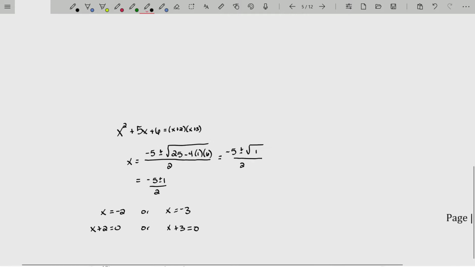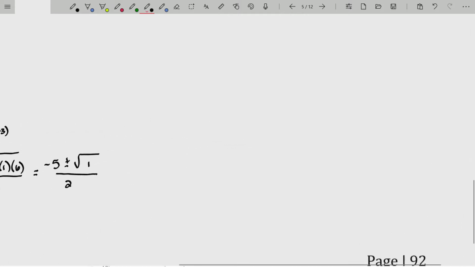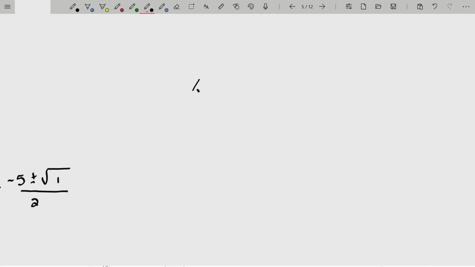So using that same idea, if I changed it and said, okay, you have x squared plus 3x plus 3, and you need to factor that, you would say, okay, let me set that equal to 0 and use the quadratic formula.